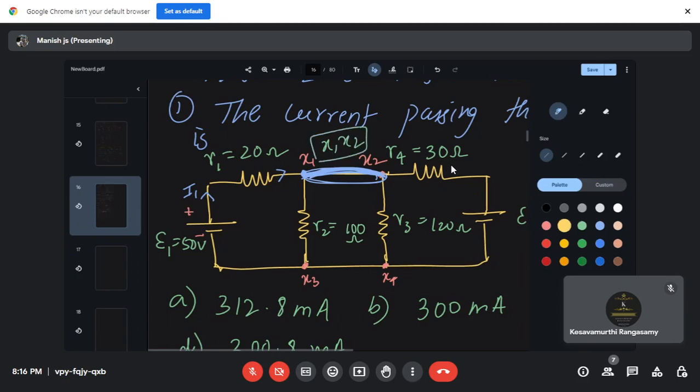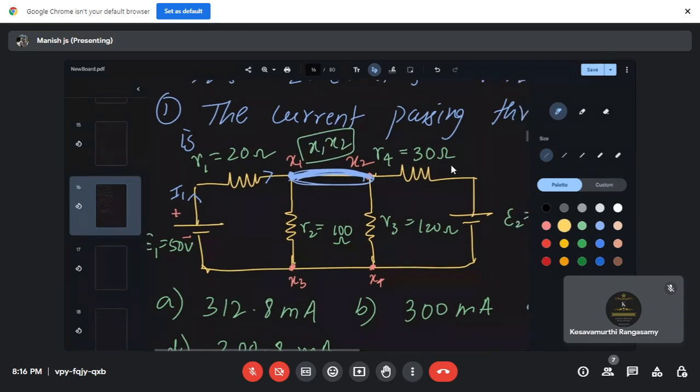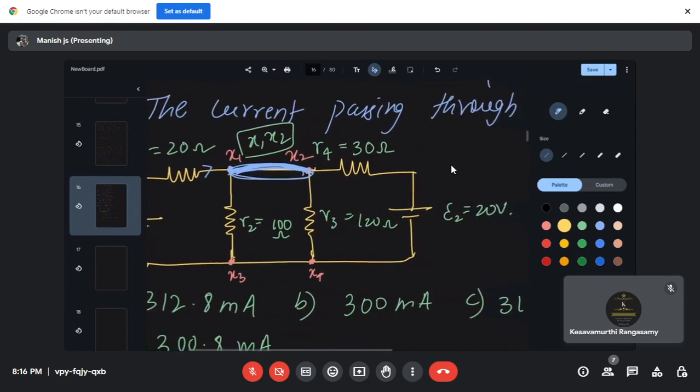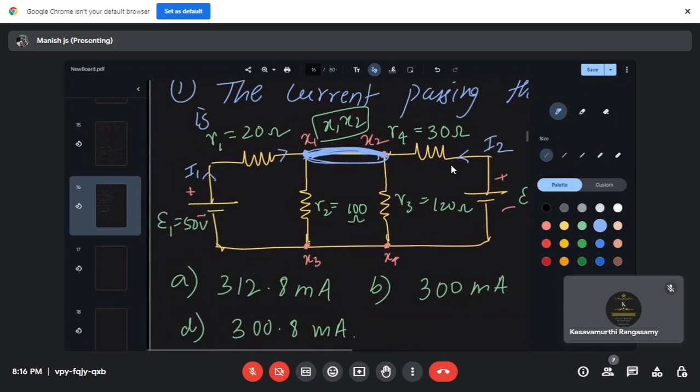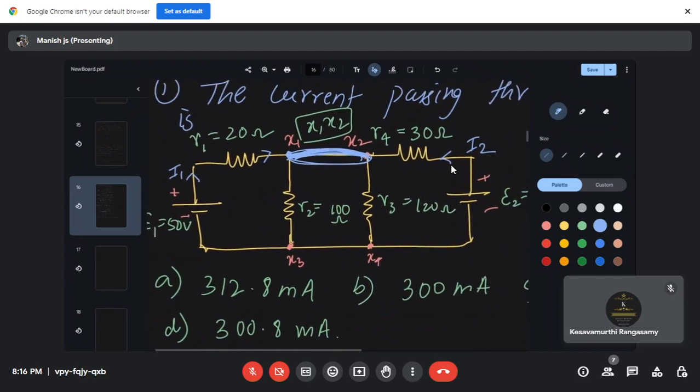So now the current either has to enter the node or it has to leave this node. Now, based on that we can only decide based on the current that is coming from the other cell, which is 20 volts. So again, mark its terminals, show the direction of current. So from E2, let's say current I2 is coming. You can see I1 is coming from cell E1 and I2 is the incoming current from cell E2.